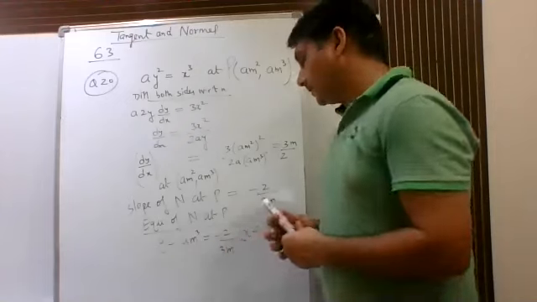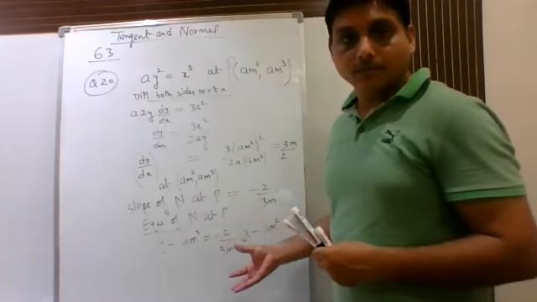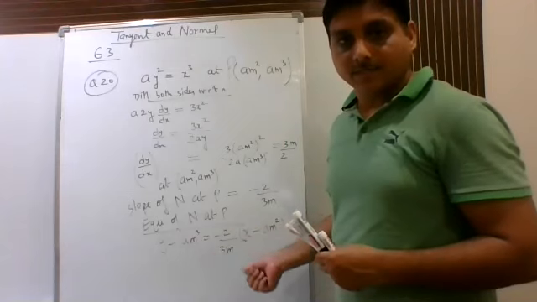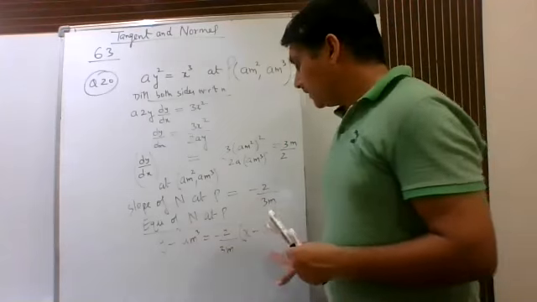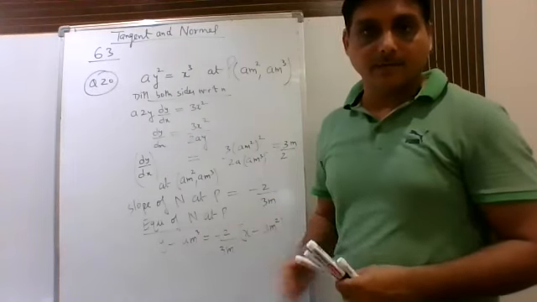I have substituted that x1, y1. I have put the value of m2, the slope of the normal at that specific point. So after this, you need to do calculation. Just cross multiply, rearrange, and that will be the final answer.